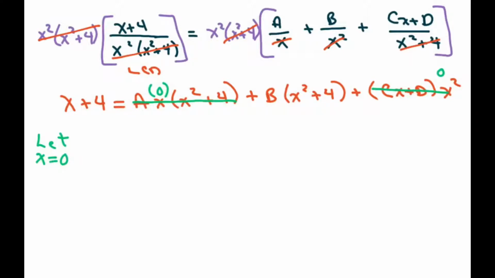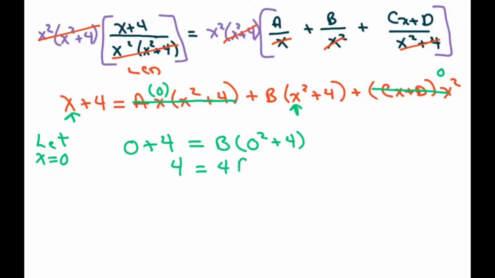That makes it easier, so we don't have to fill all that out, and I'm just going to plug my 0 in here and solve for B. So we get 0 plus 4 equals B times 0 squared plus 4. So we get 4 equals 4B, so therefore B equals 1.